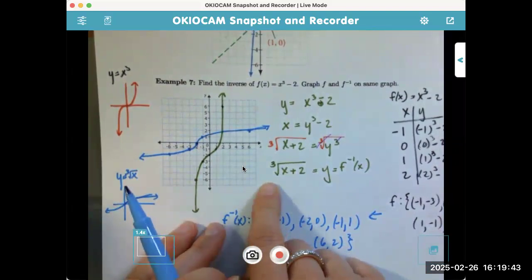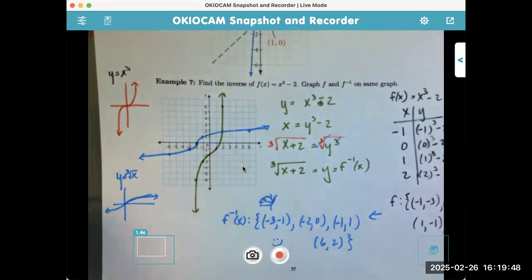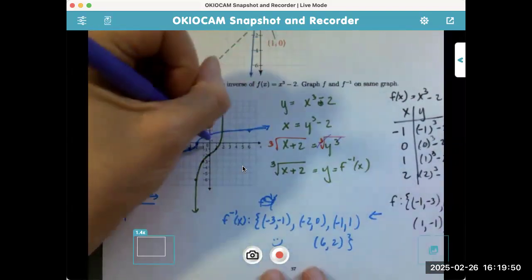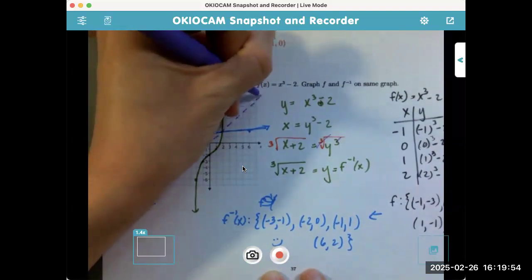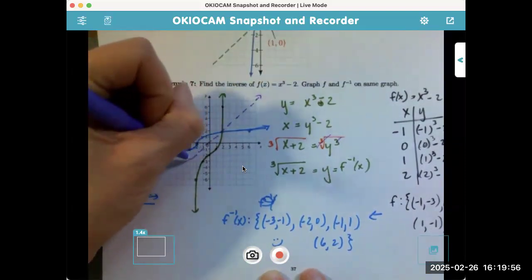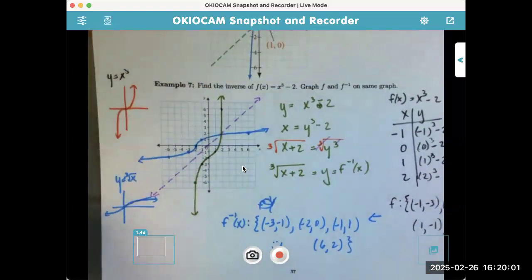Ooh, cool, right? And again, notice we are right across that identity line.